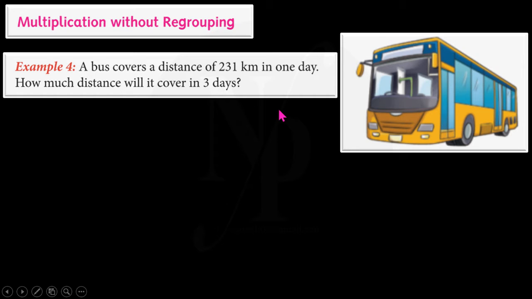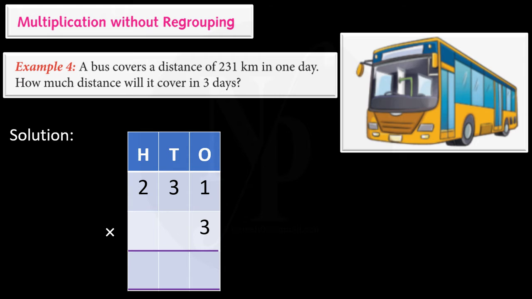So this can be found by multiplying 231 by 3. Let us do that now. Solution. Let us write down the numbers appropriately in a place values table.